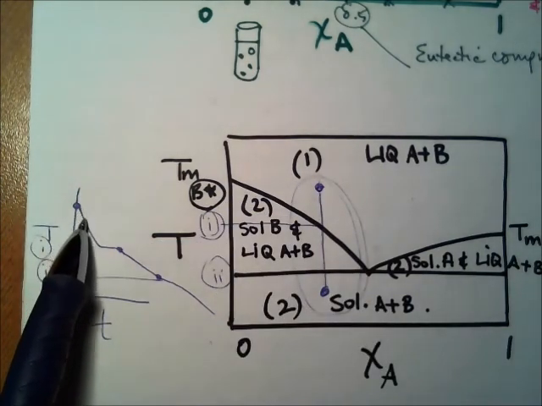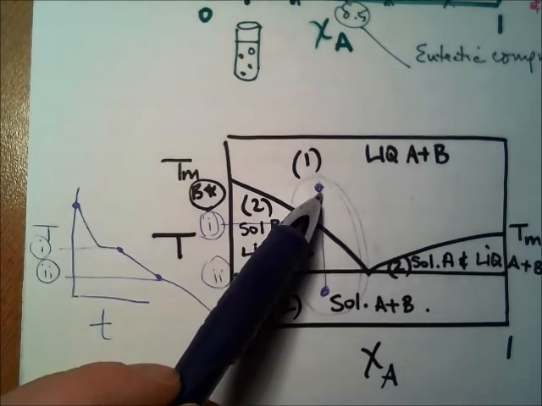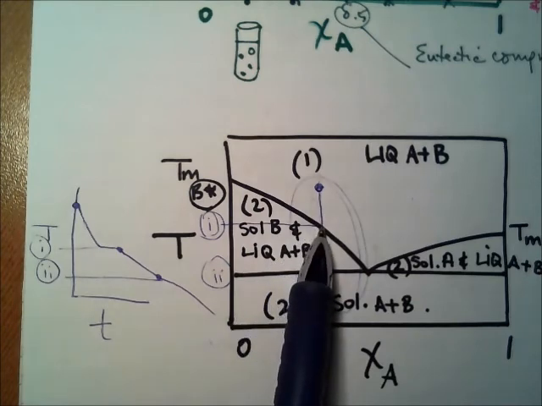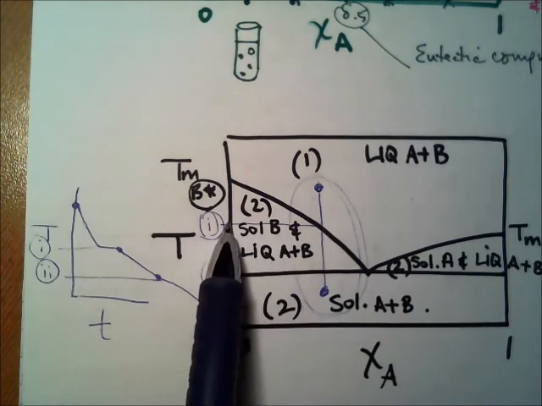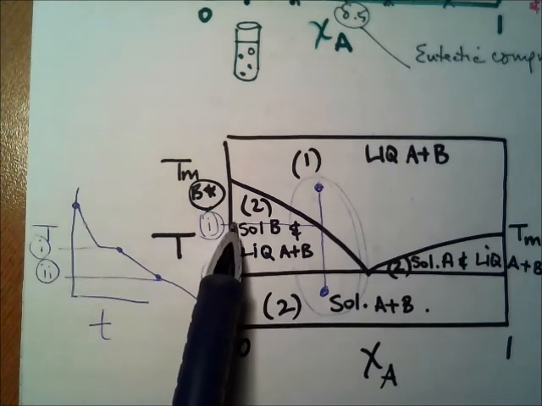So as I'm cooling this, the temperature is just dropping, but then all of a sudden it starts to freeze. Oh, all of a sudden, what's freezing exactly? Tie line. Brings me right to the solid, pure. Right, pure B is freezing out. So crystals of pure B are freezing out.